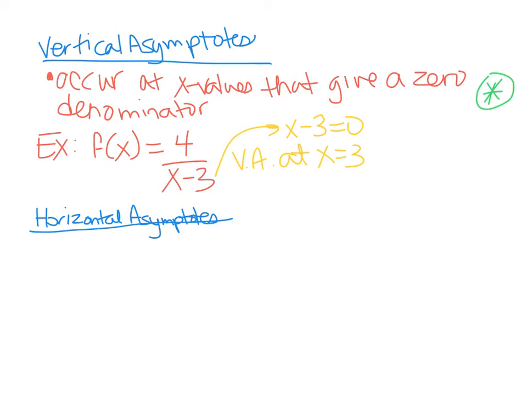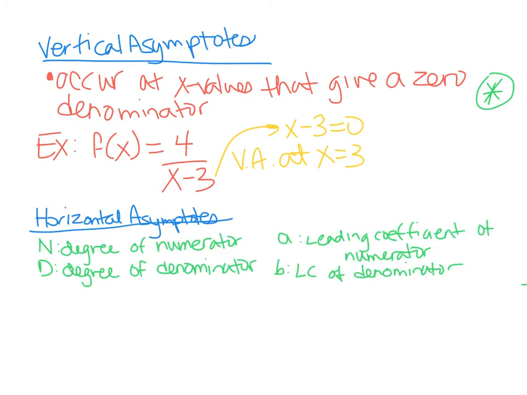Before anything else, I'm going to just show you some abbreviations I'm going to use. So I'm going to call n the degree of the numerator. By degree, by the way, I mean the highest exponent. D, the degree of the denominator. A is going to be the leading coefficient of the numerator, and B is going to be the leading coefficient of the denominator.